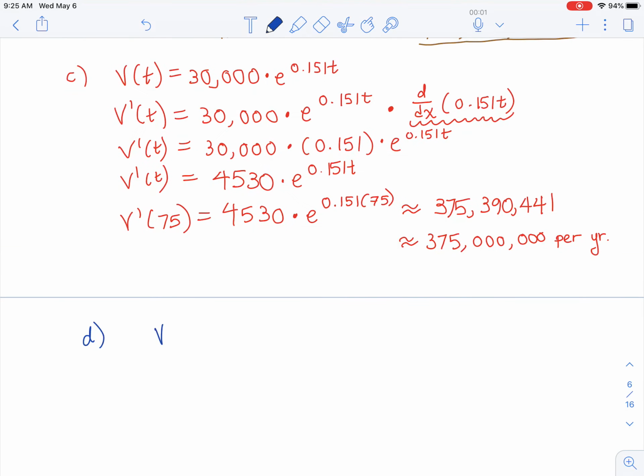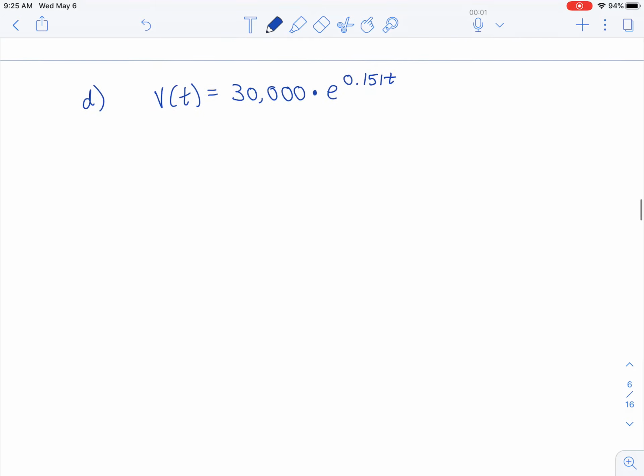So D. We do know the equation is V of t equals 30,000 times e to the 0.151t. We're looking for t, and we want V of t, the value of this painting, to be 4 billion.